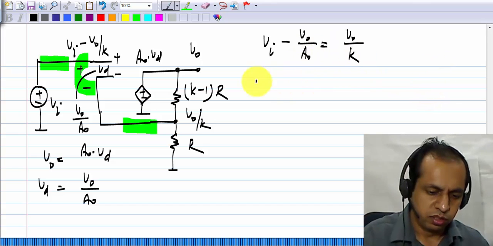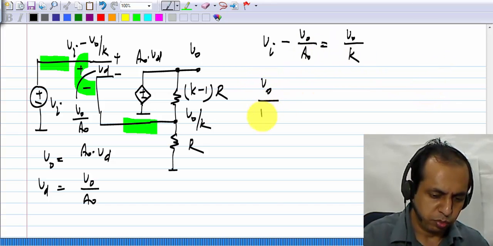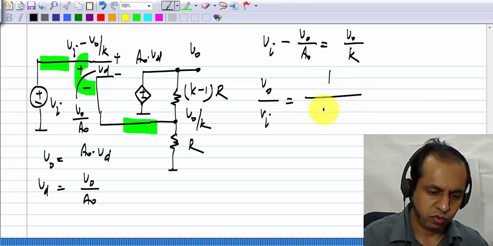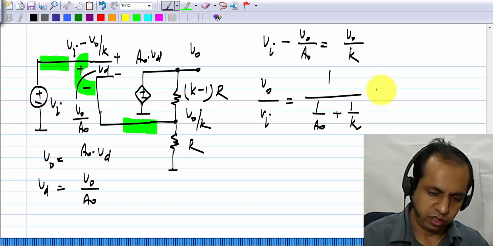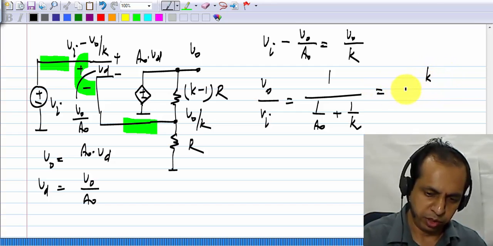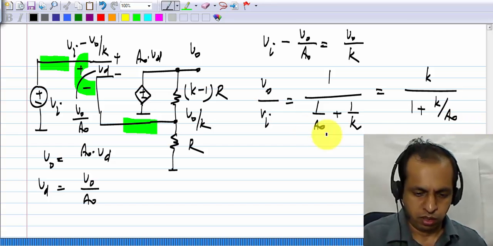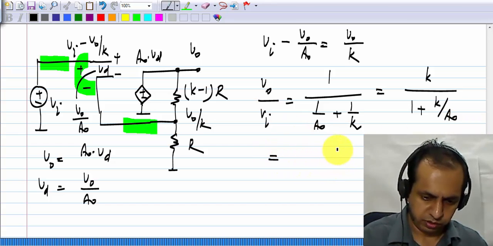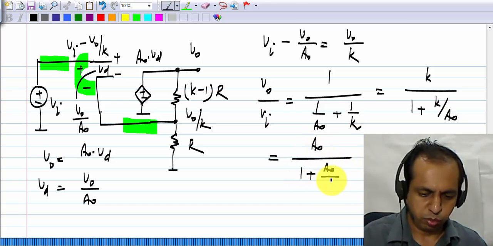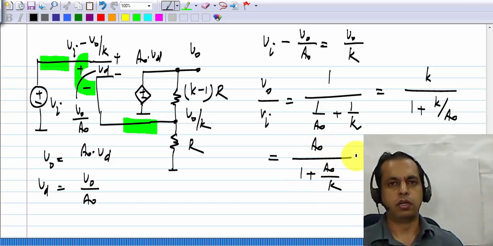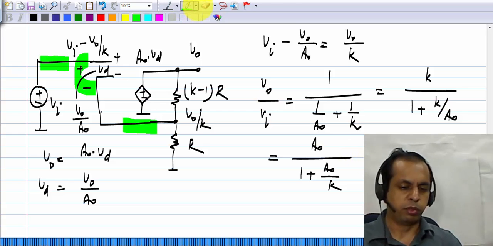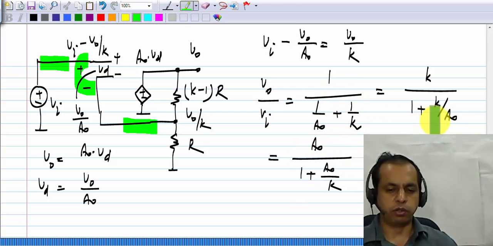Okay. So it's very easy to see that V0 by Vi equals 1 by A0 plus 1 by K. It can also be written as K by 1 plus K by A0, and it can also be written as A0 by 1 plus A0 by K, and so on. If you are familiar with op-amp circuits, you would have probably seen all these forms.